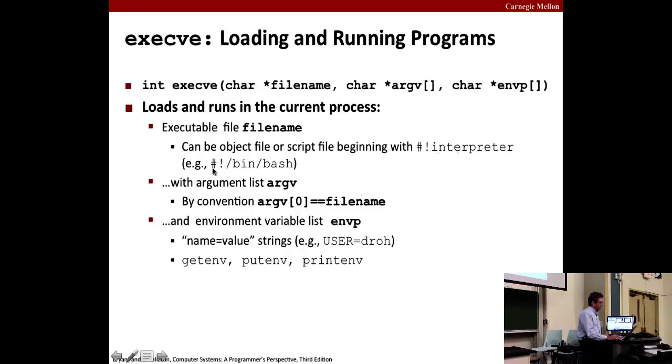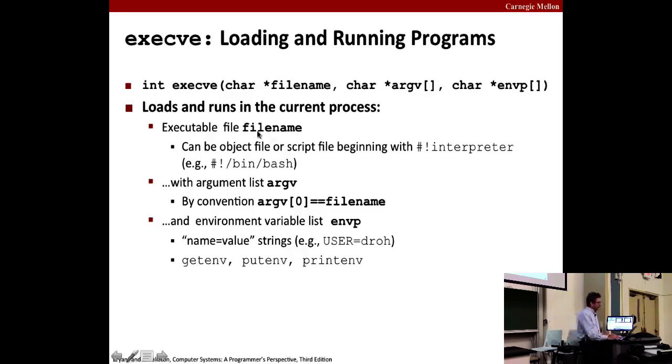So for example, if you want to write a shell script, the first line of your shell script is pound, bang, and then the path name of the bash shell. And then that will execute bash, and then bash will read in the lines following and interpret them just as though you'd typed them in at the command line.